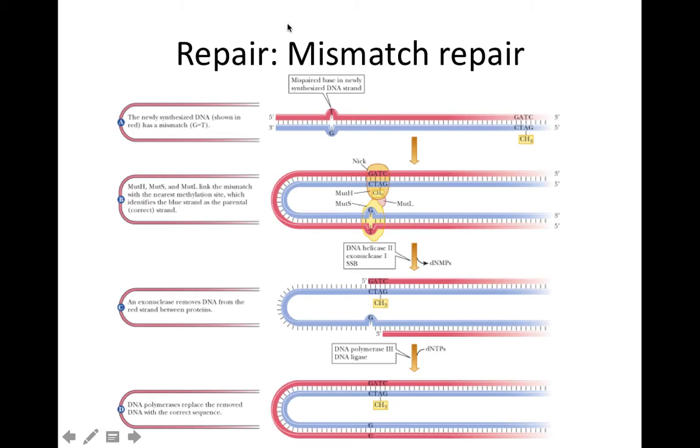So here, in the second indirect repair mechanism, we have mismatch repair, which is usually used if you have a mismatch. So you have here thymine that has been matched to a guanine. So it's a mismatch because guanine is usually paired with cytosine, whereas thymine is usually paired with adenine. Now the problem here is we do not know which is the original strand.